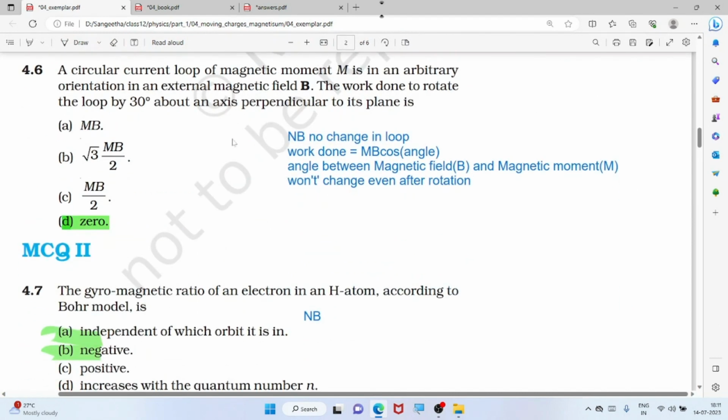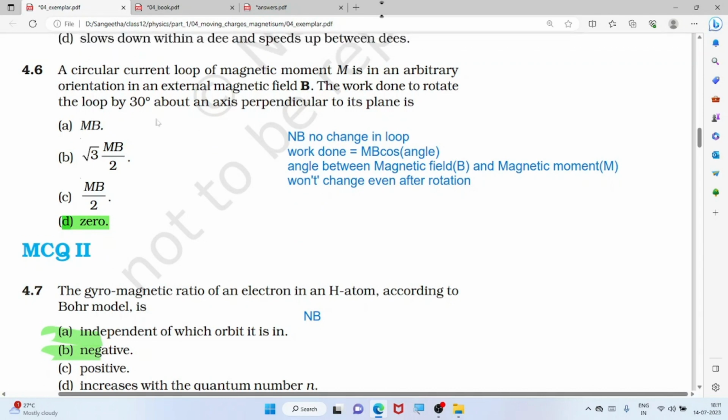A circular current loop of magnetic moment m in an arbitrary orientation in the external magnetic field B. The work done to rotate the loop by 30 degrees about the axis perpendicular to the plane is zero. There will be no change in the loop, because the work done is magnetic moment times B cos theta, where theta is the angle between the magnetic field and the magnetic moment.